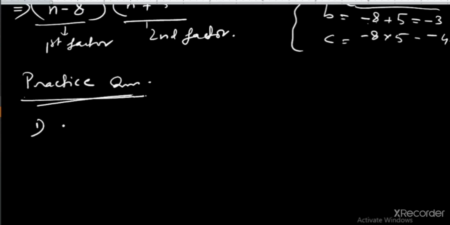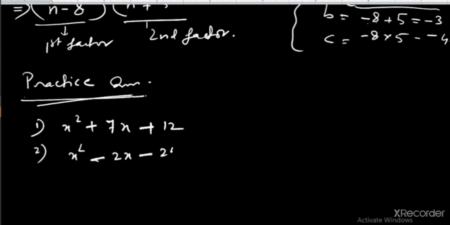First question is x square plus 7x plus 12. Second question for you is x square minus 2x minus 24.